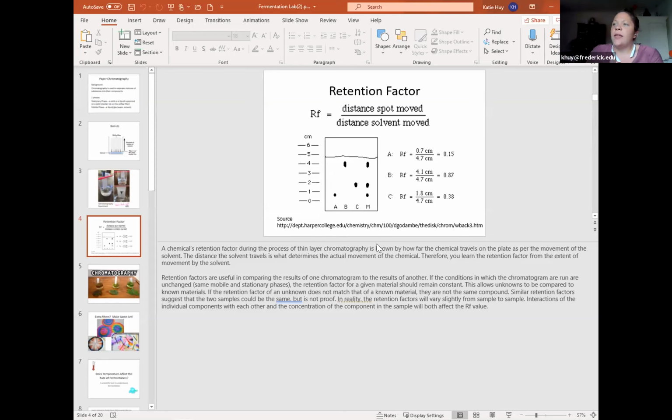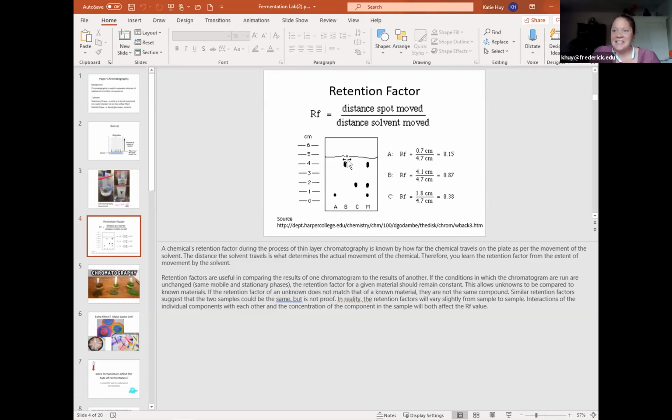So if I know that this right here, B, is carotene, that's the chemical compound that has the retention of 0.87, and then I test something else next to it and I'm like, oh, it has the same RF value. I'm going to make a guess that this is carotene, and so that gives you a comparison.